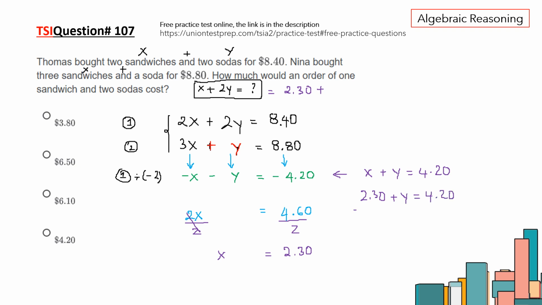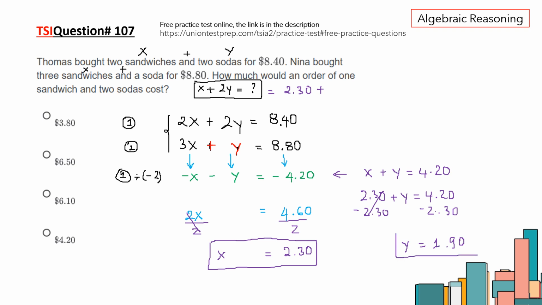We solve for y by subtracting 2.30 from both sides. Now we will have y equals 4.20 minus 2.30. 12 subtract 3 is 9. Remember 1. 4 minus 3 is 1. So a soda costs 1.90.